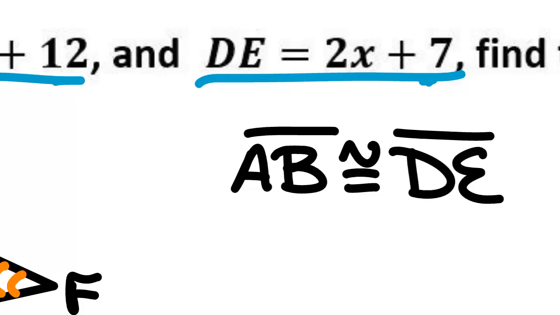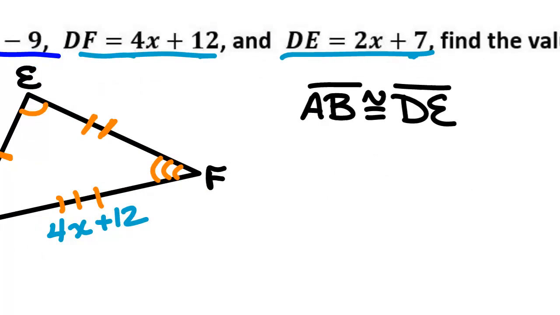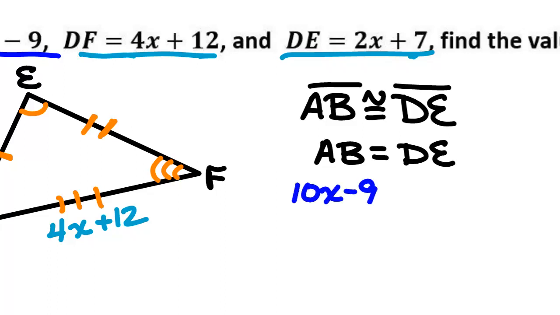And what can we do with things that are congruent? Set them equal. So AB is equal to DE. AB is 10x minus 9, so I'm going to substitute that in. DE is 2x plus 7, so I'm going to substitute that in.